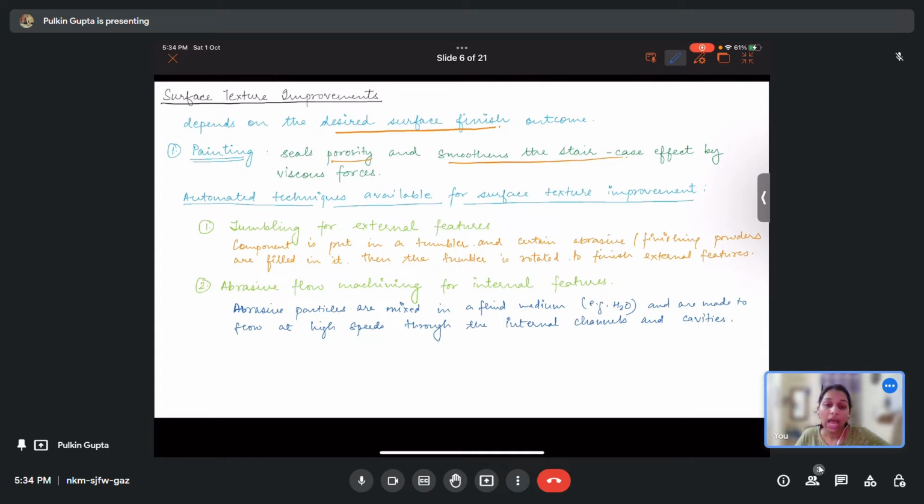This is then responsible for finishing the internal features of any component.